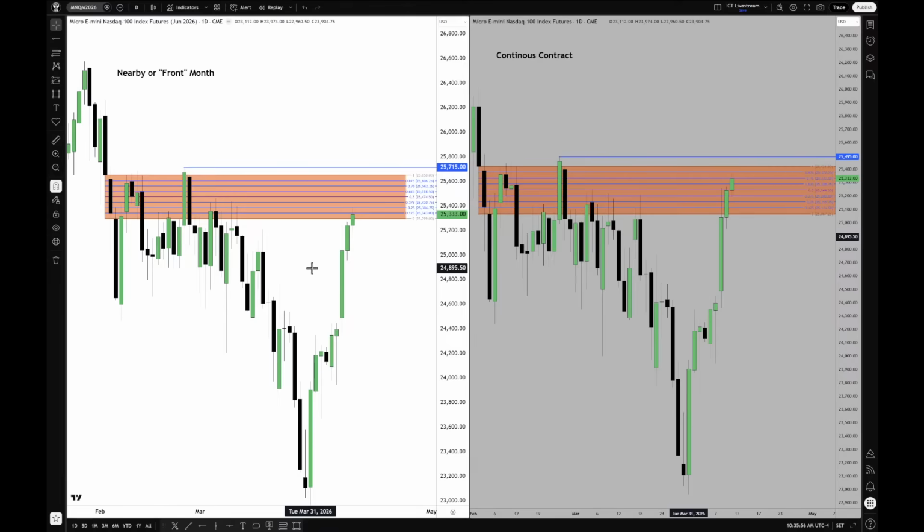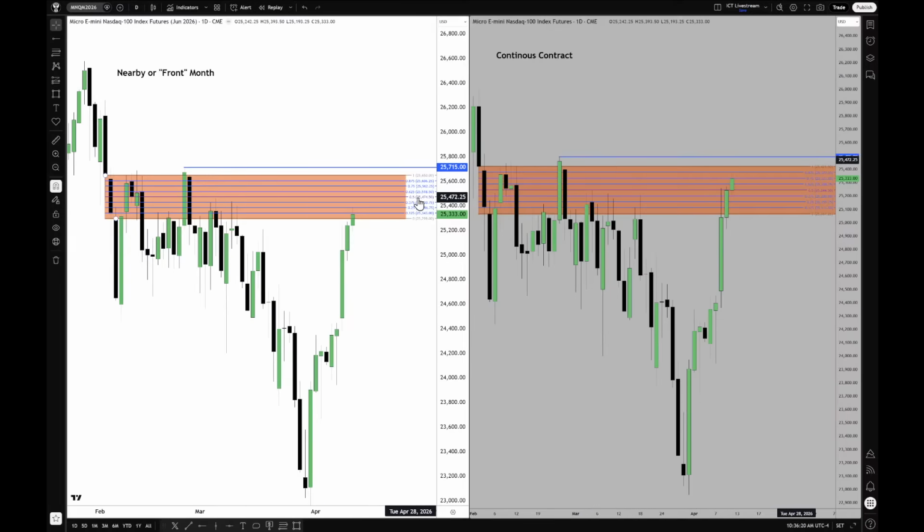But we have this high on the continuous contract, 25,495 even. That's just above, by ten and a half handles, consequent encroachment on the front or nearby contract.